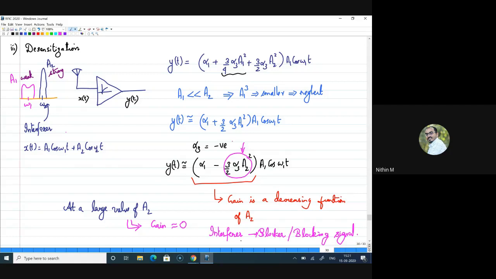So I'm assuming that the system is showing a compressive behavior, and that is the reason alpha 3 is considered negative. Yes, Akshay, alpha 3 terms are nonlinear terms. Yes. Now what is happening here?